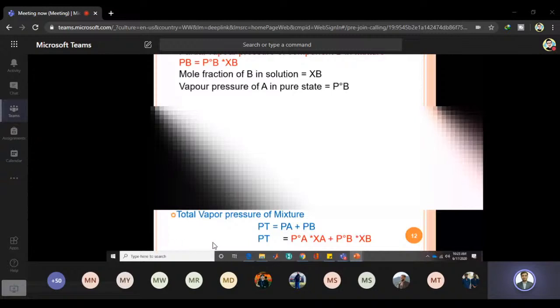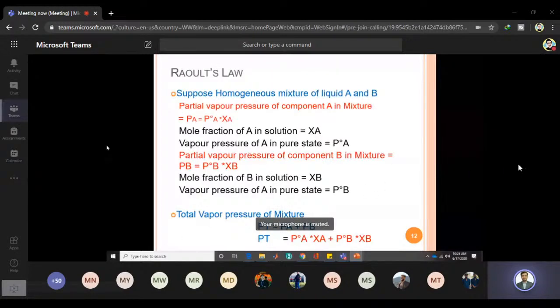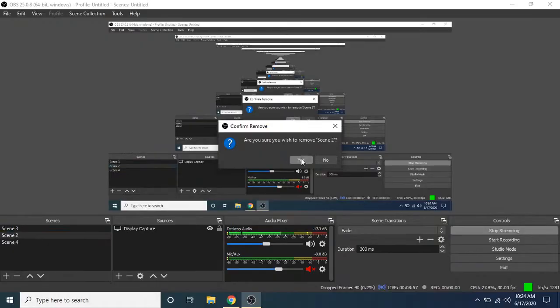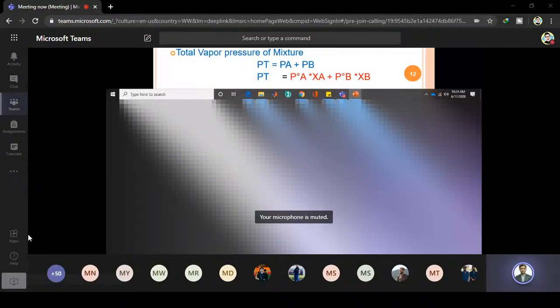Here further you can see the mole fraction of A in solution, that is XA. Vapor pressure of A in pure state is P°A. Partial pressure of component B similarly would be P°B multiplied by XB. This is how you're going to get the partial pressure of B in the mixture of components A and B.